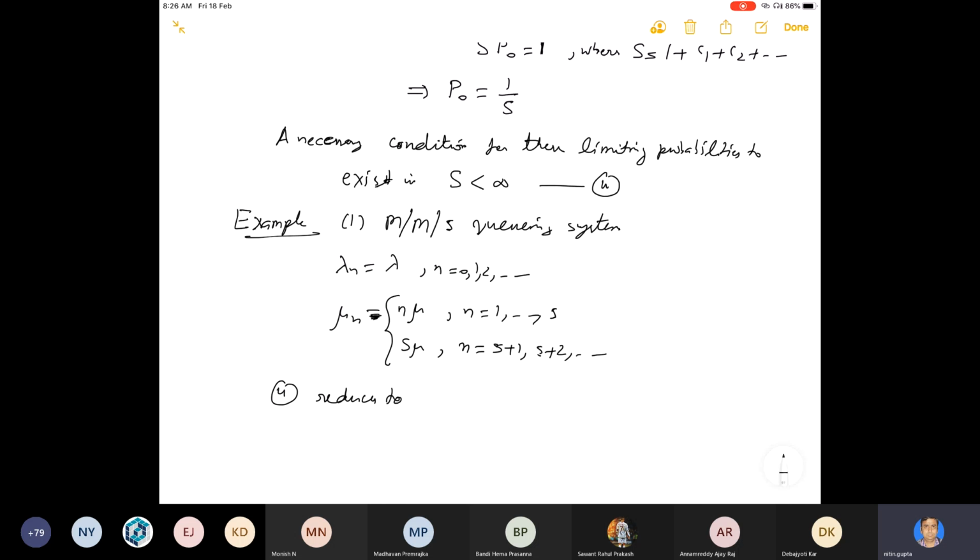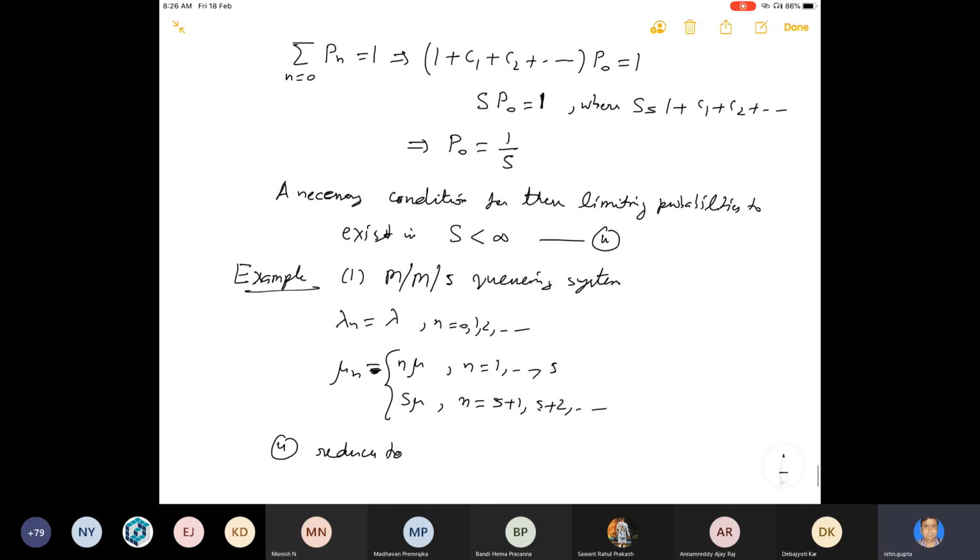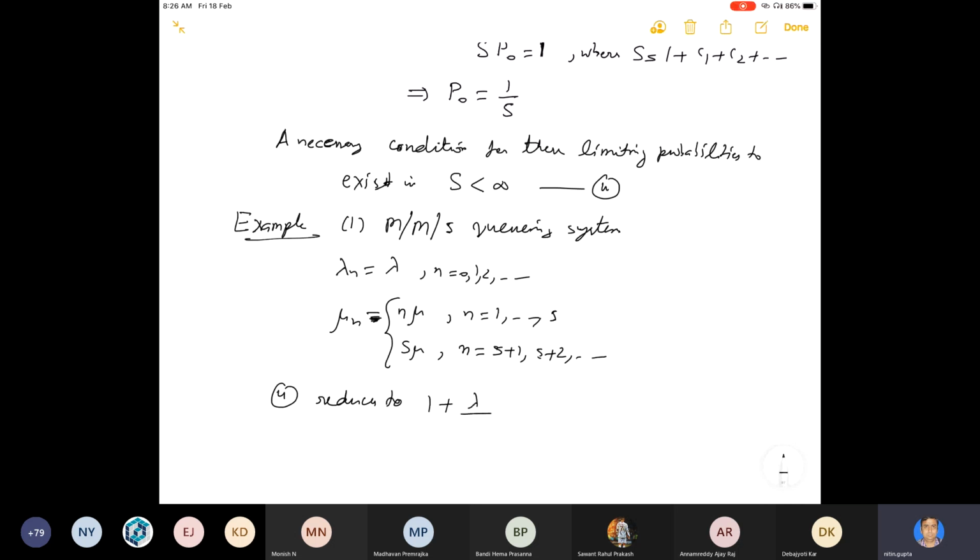In this fashion, this will be basically 1 plus lambda upon mu plus lambda square upon 2 mu square, and so on, plus lambda s upon 1 into 2 into s, mu raised to power s.